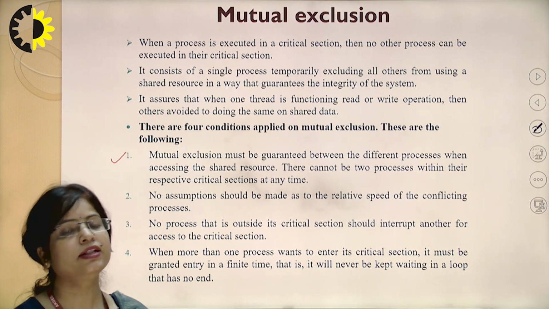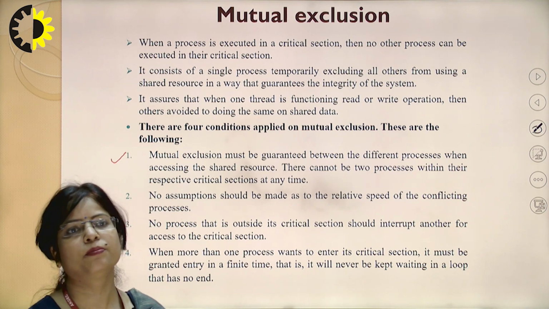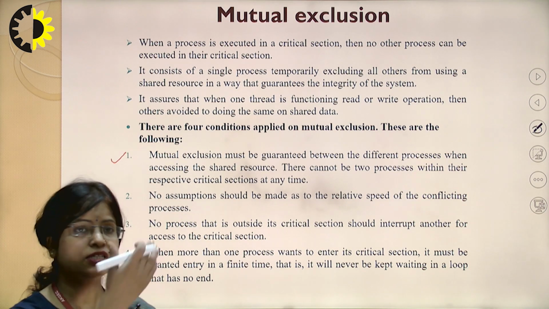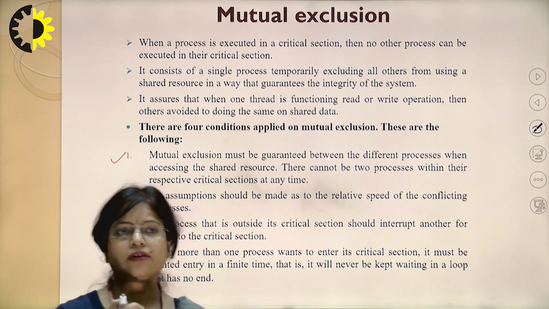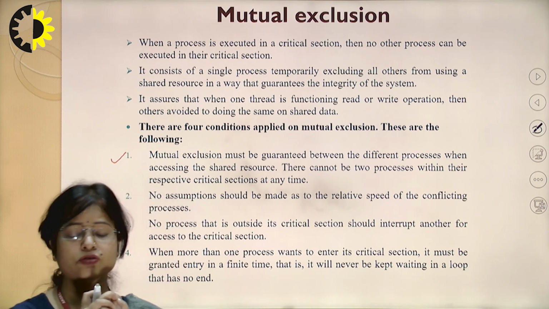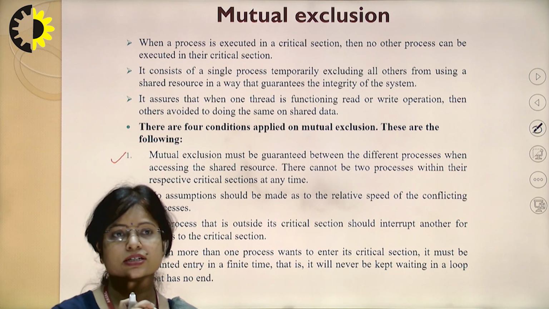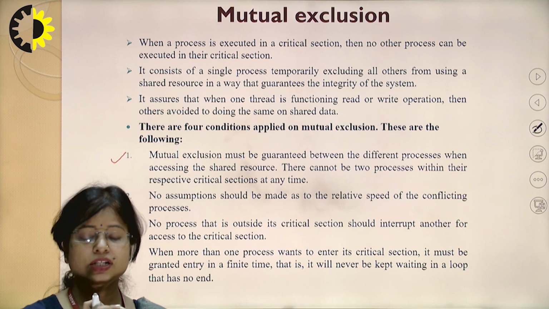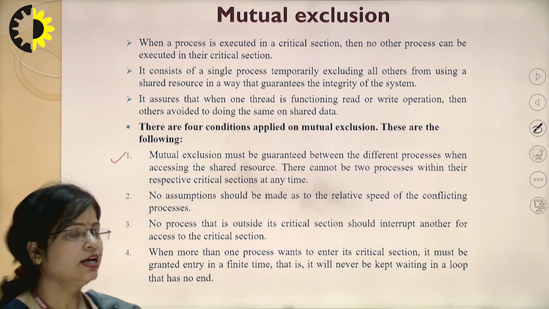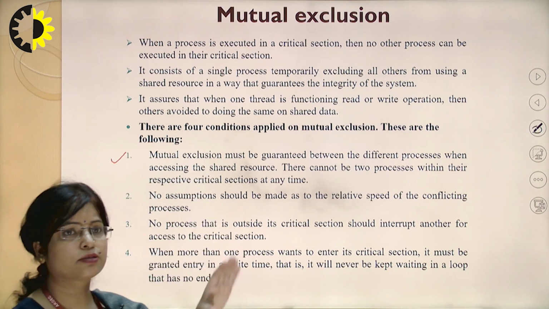That is, it will never be kept waiting in a loop that has no end. So these are the 4 conditions that must be applied whenever we want to design a solution to the critical section problem.